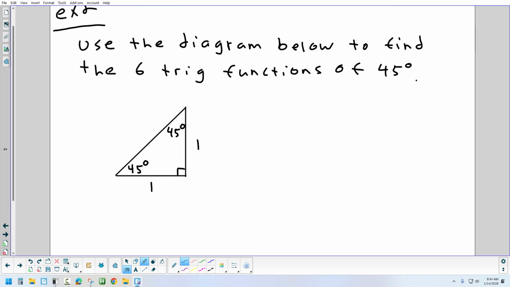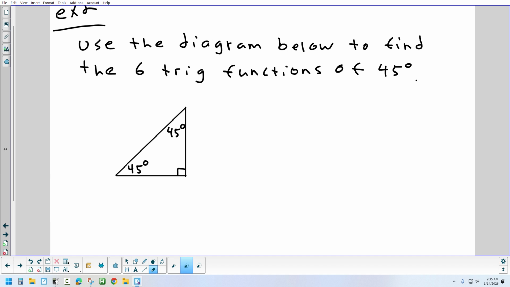Let's try this one. It says, use the diagram below to find the 6 trig functions of 45. Now, let's say that that's all I give you. You have to make your own diagram to figure it out. How many different size 45, 45, 90 triangles are there? Technically you can use different numbers, but the sides for both the legs will be equal, because it's always isosceles.